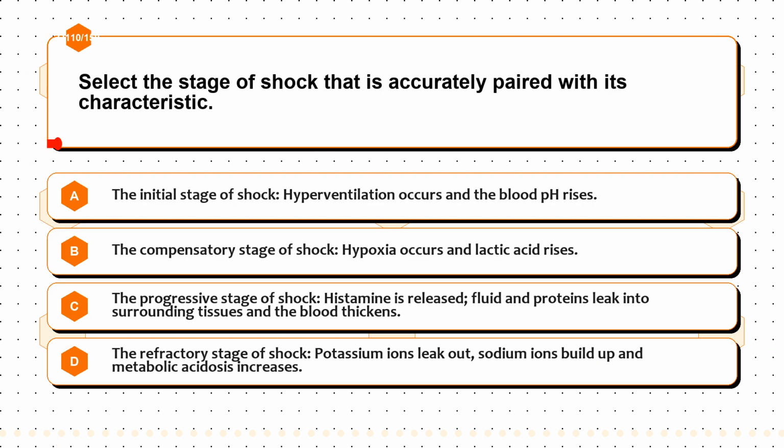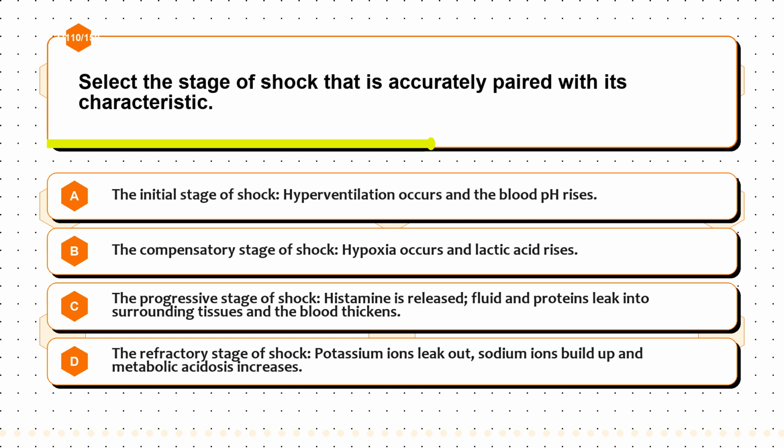Question 110. Select the stage of shock that is accurately paired with its characteristic. Here are the options. Option A. The initial stage of shock, hyperventilation occurs and the blood pH rises. Option B. The compensatory stage of shock, hypoxia occurs and lactic acid rises.